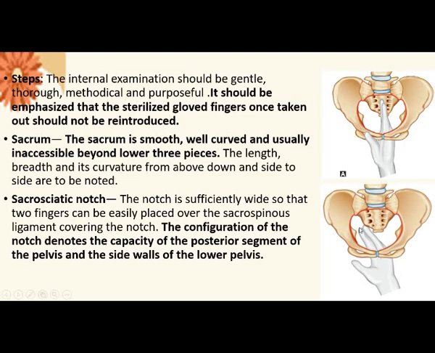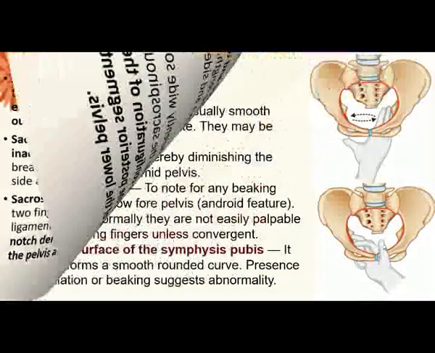So it is covered by the sacrospinous ligament. The configuration of the notch denotes the capacity of the posterior segment of the pelvis and the side walls of the lower pelvis. So first we check the sacrum. Second we check the sacro-sciatic notch.